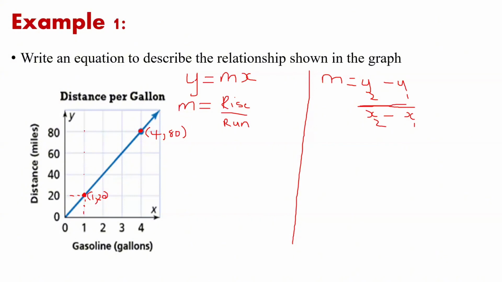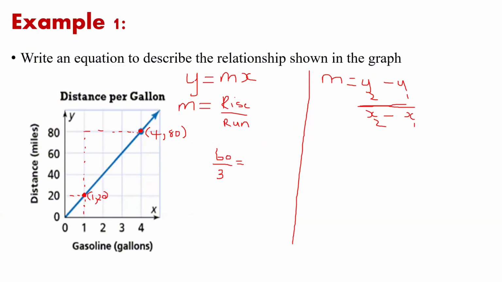I'm going to rise 60 units on my y-axis. So I rise 60. And then I'm going to run over 3 units to get to this point. So I rise 60 units and I run 3 units to get to this second point.